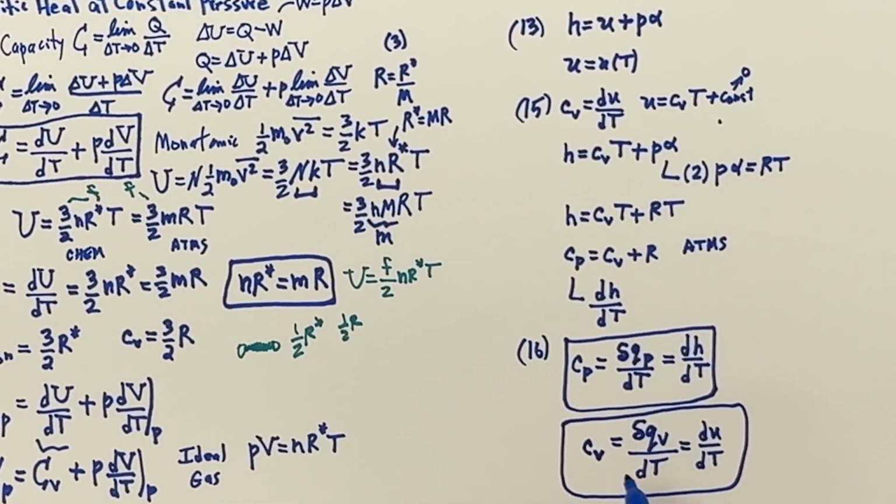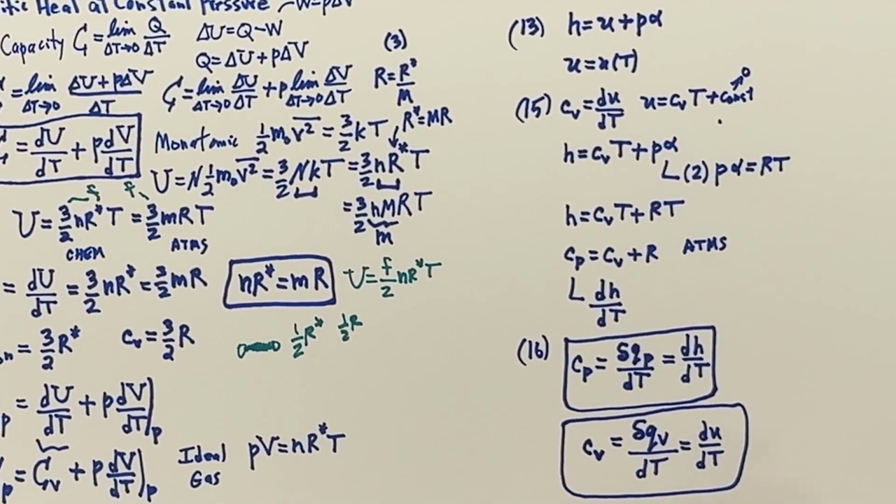It's per unit mass. So specific heat at constant volume is the derivative of the energy per unit mass with respect to the temperature. And then the specific heat at constant pressure is equal to the derivative of the enthalpy with respect to T, temperature.